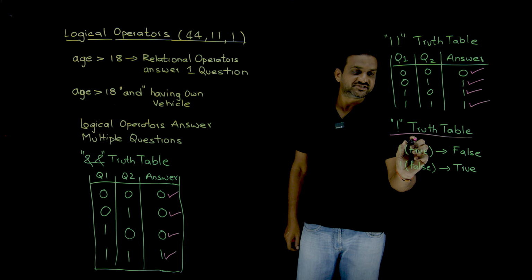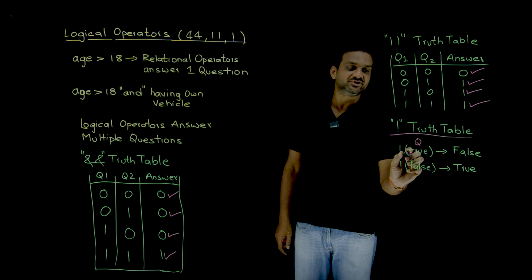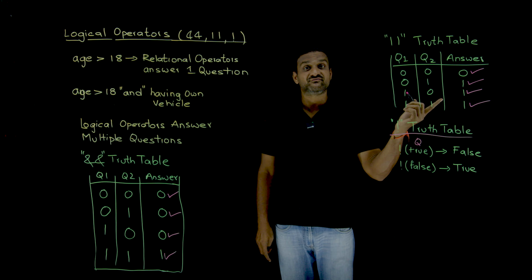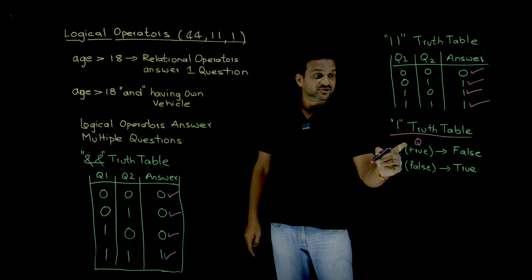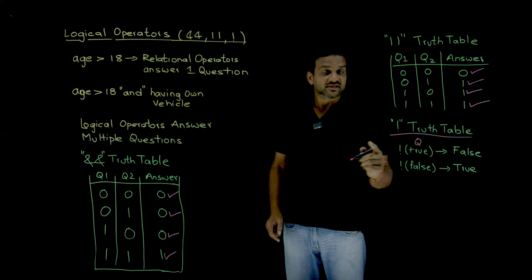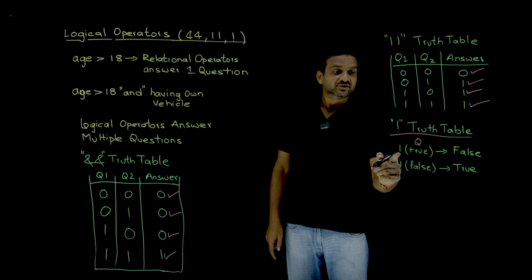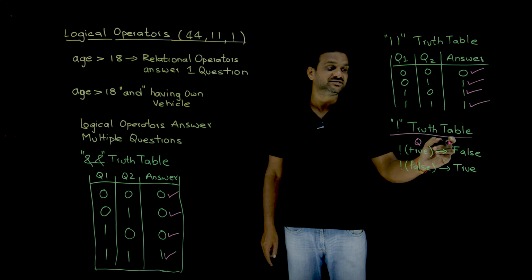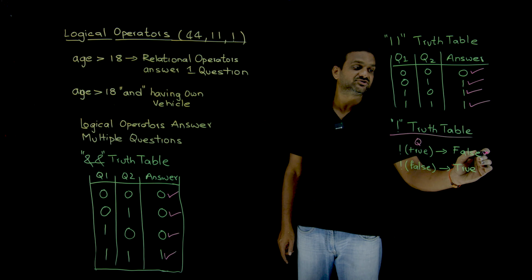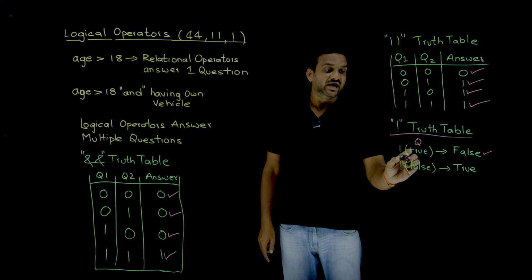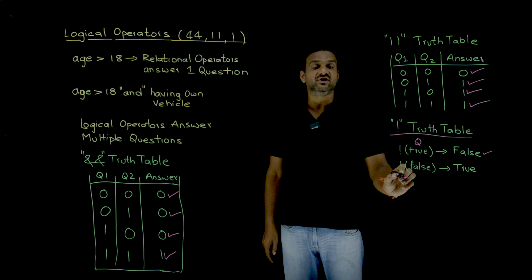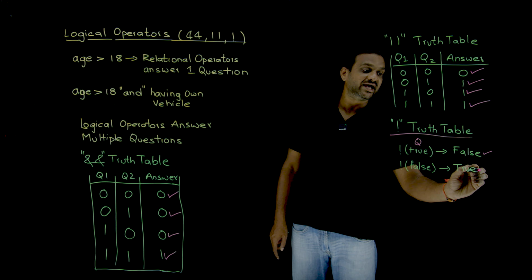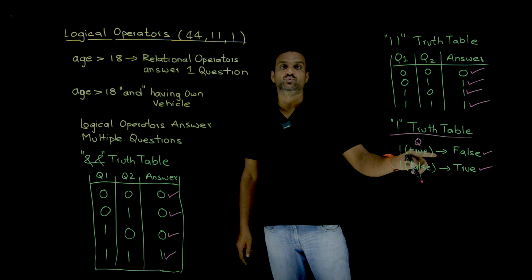If the answer for a question is true, the negation, the NOT of true, is false. So our final answer is going to be false. And if the question is producing an outcome of false, the NOT of false, the opposite of false, is true. So the answer that we are going to get is true.